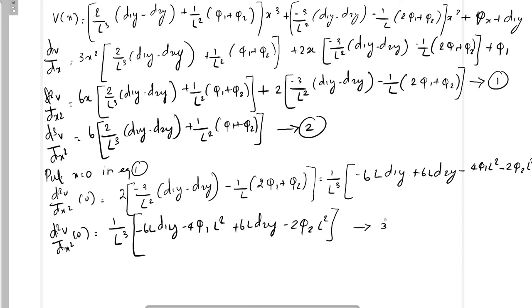Keep this as equation number 3. It is an important equation in this derivation because the coefficients are arranged as the stiffness matrix of the element. So remember this step.